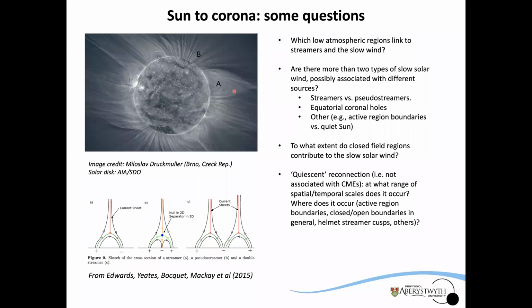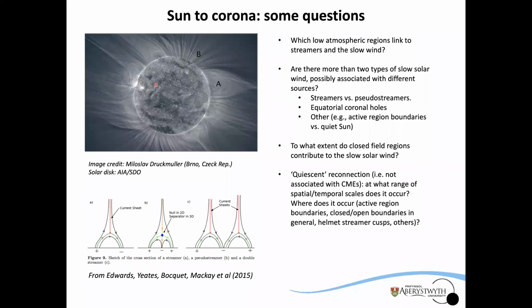The only thing we can be totally certain about is that the fast, low density solar wind is coming from large coronal holes, usually the polar coronal holes. The slow solar wind has been shown to arise from the boundaries between active regions and nearby open field regions. So that's one source of the slow solar wind, but there are probably other sources.